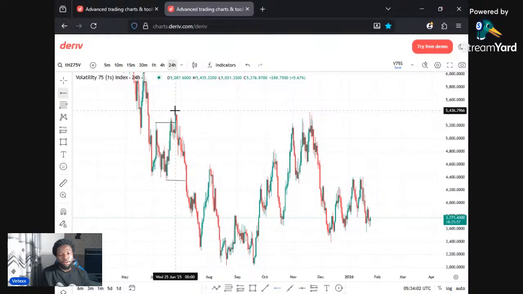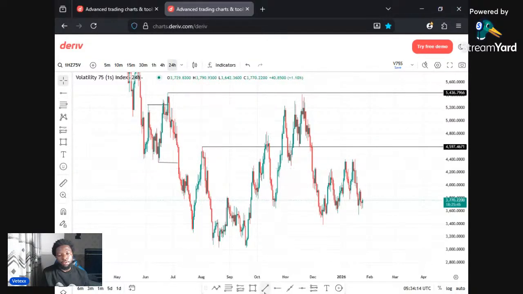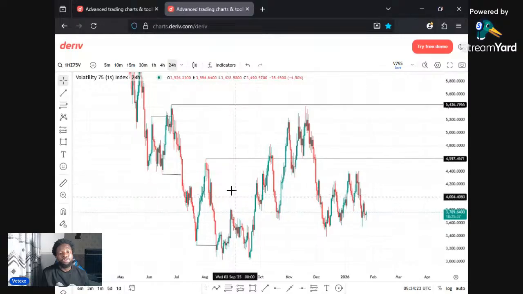Then price gives us a 50% retracement, giving us our fourth rule, which is structural liquidity that needs to be taken out later, which is this. And then we have our second break of structure, which is this. So you see that our four rules are now complete. The fifth rule is that price will take out this newly created liquidity and continue in the opposite direction.